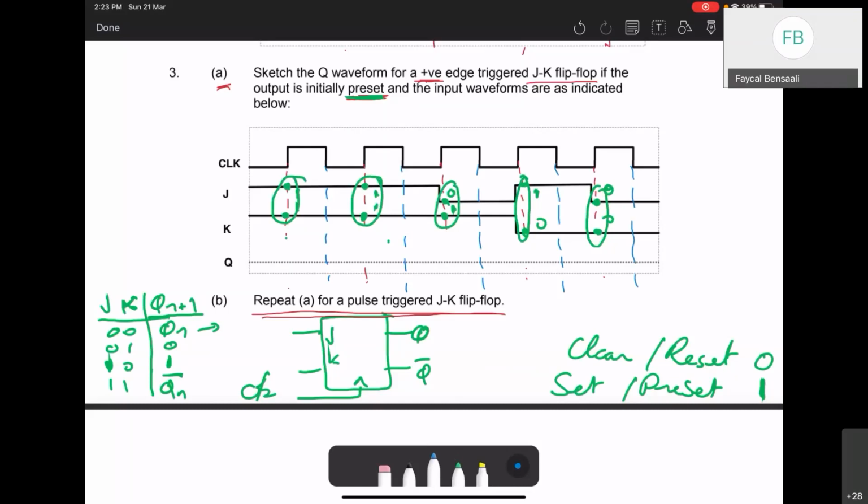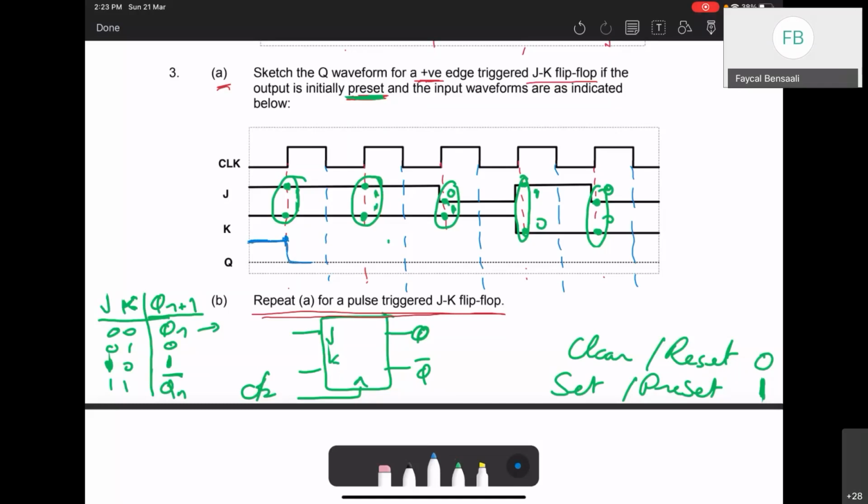So now if I draw, we start with a set preset, so we start with 1. This is the first rising edge. At this edge, I will just check J and K. J is 1, K is 1. What should Q be? Q should be the opposite of the previous one, so Q bar. It should be 0, but not here.